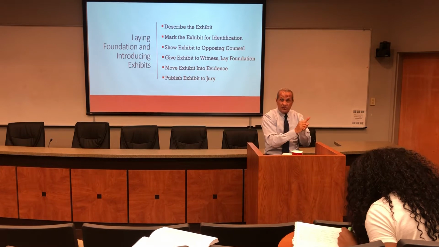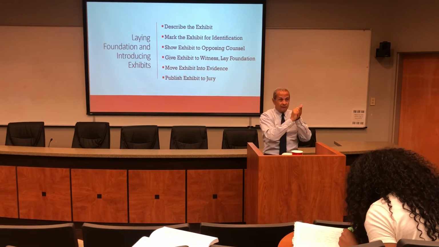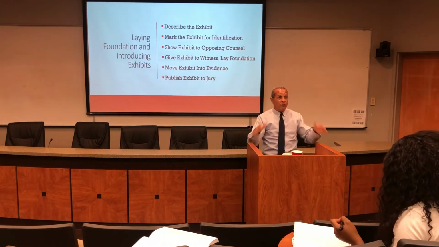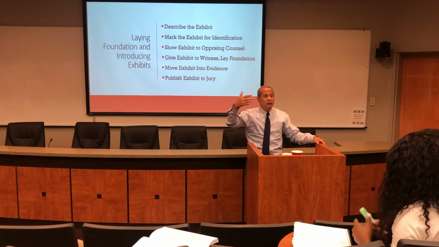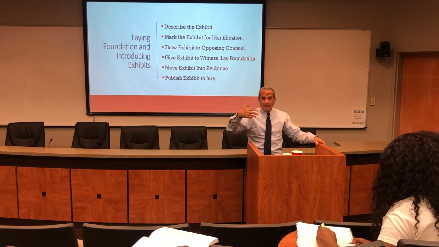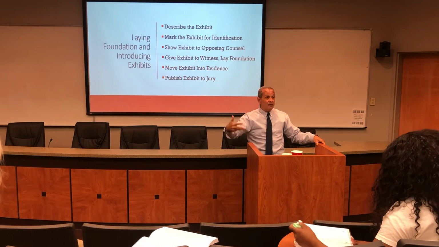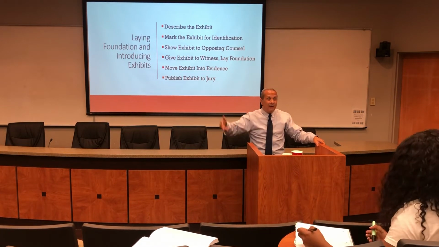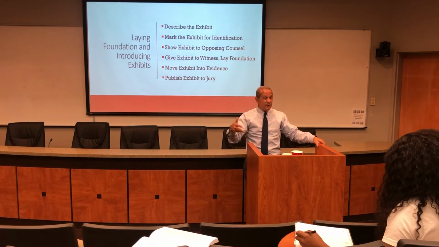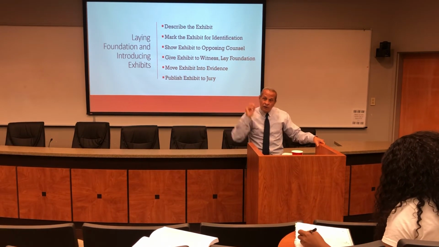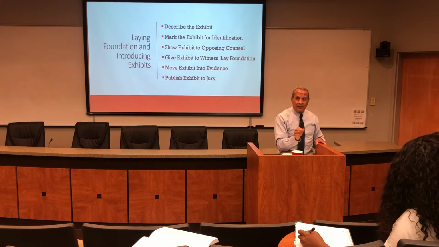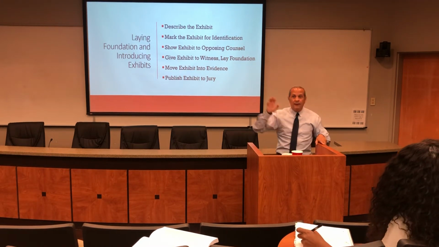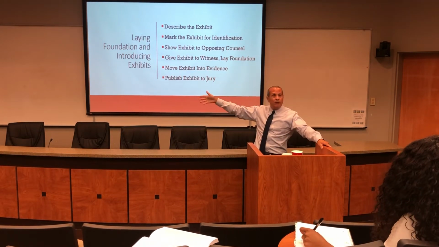If they're using a number system, and it's the first exhibit for the plaintiff, Plaintiff's 1 for identification, you will refer to the exhibit henceforth as Plaintiff's Exhibit 1 for identification as you are laying the foundation, and then after it's moved into evidence, you can dispense with for identification. But until it's accepted into evidence, you have to refer to it as exhibit whatever for identification.